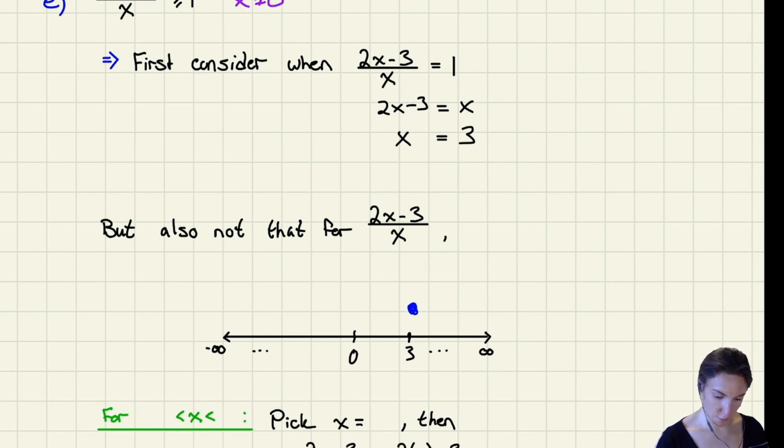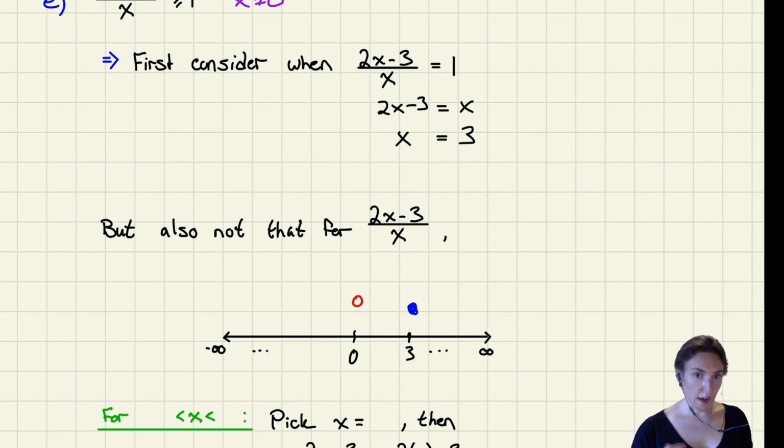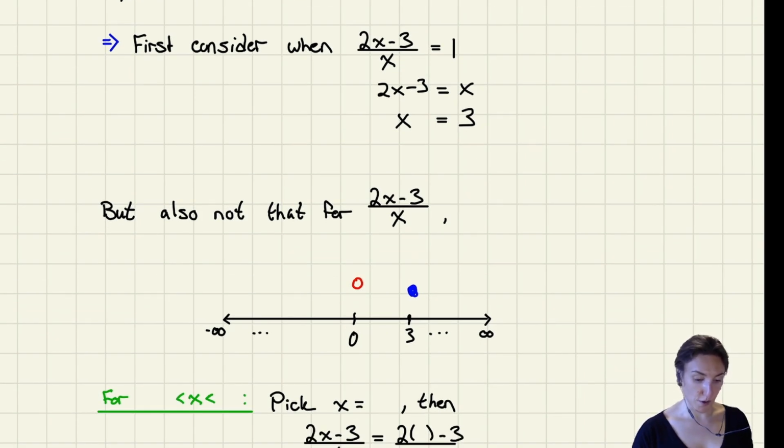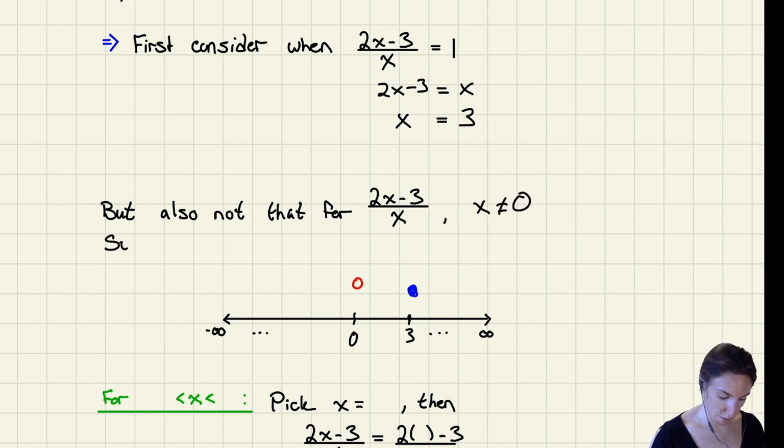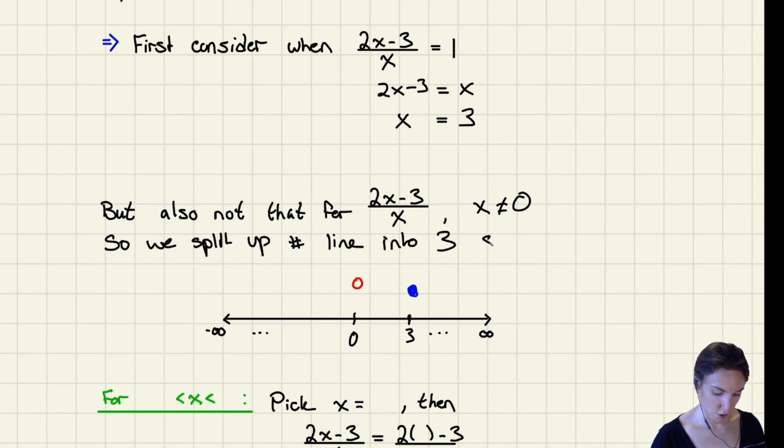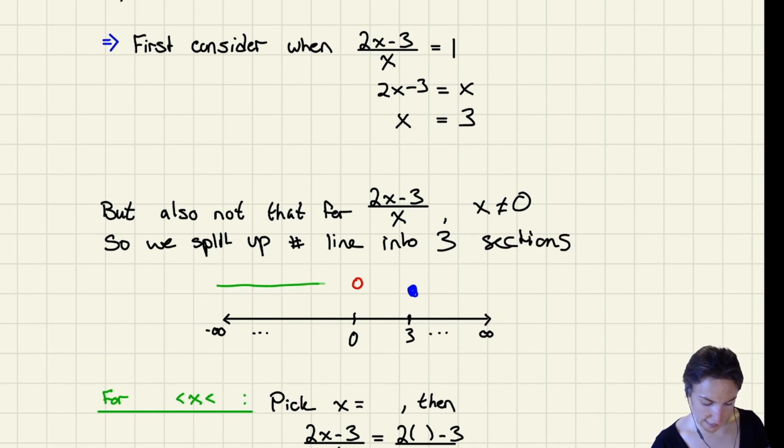And to stick with the people who are very visual learners that like colors, we'll do an open red circle here. So I've split up my interval into now 3 sections. We are between negative infinity and 0, not including 0.